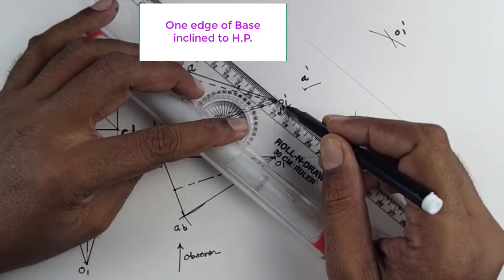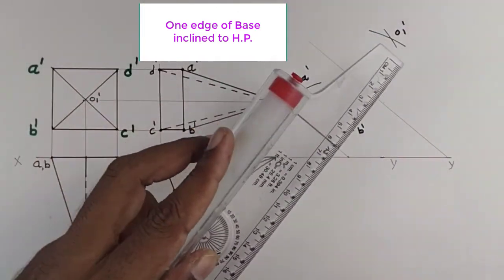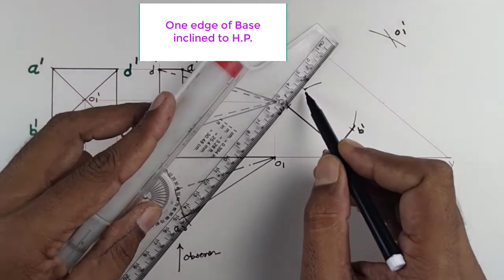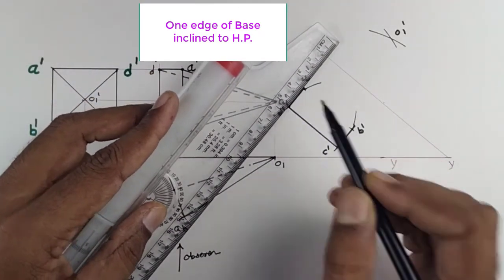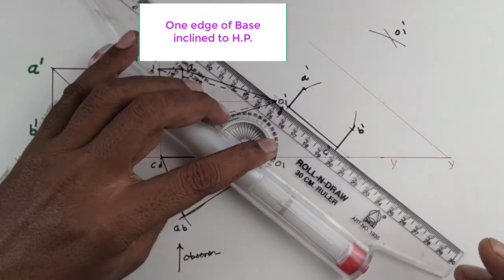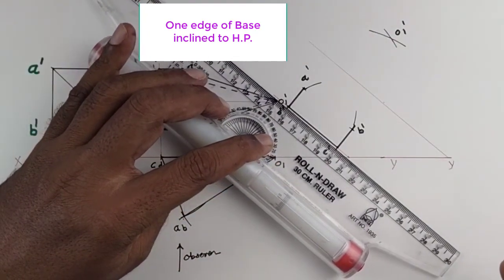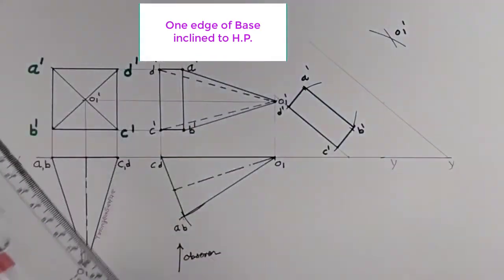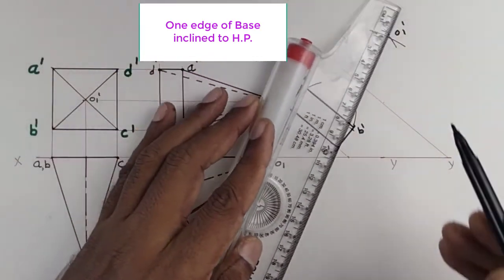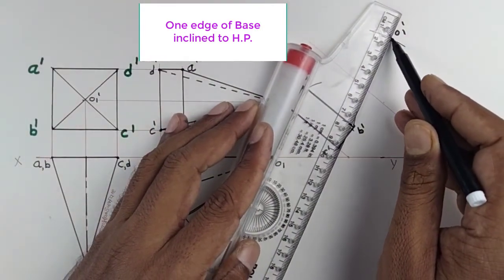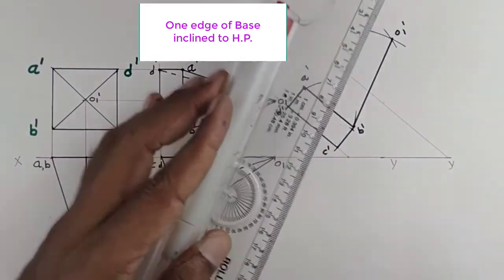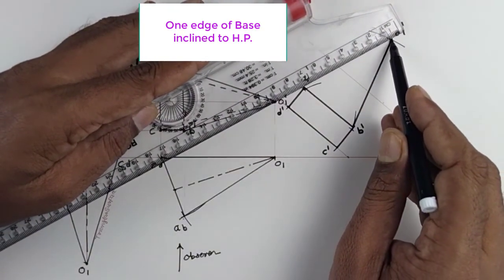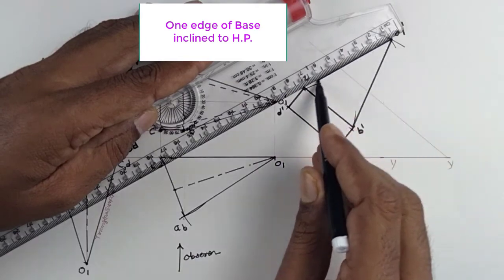So as it is, I am going to prepare my same elevation here. First off, we join all the base with a dark line. You are just rearranging your elevation as per the problem statement. Now you can join your B dash O1 dash, it is a dark line. O1 dash A dash is a dark line.